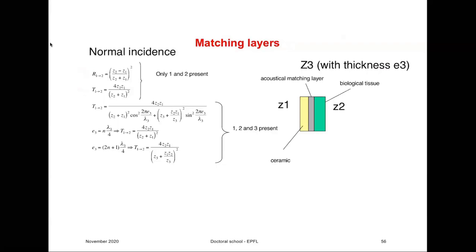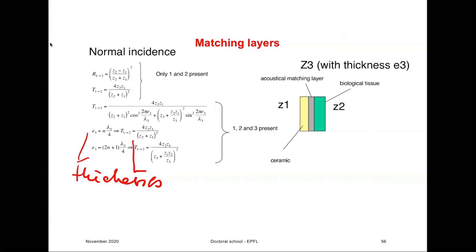However, you can add a matching layer which has properties between this one and that one, and if you manage to make the thicknesses of these different layers comparable to the wavelength of the acoustic wave, you can actually improve this much more.